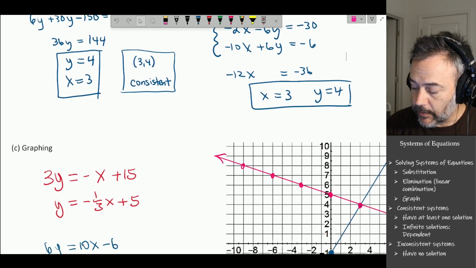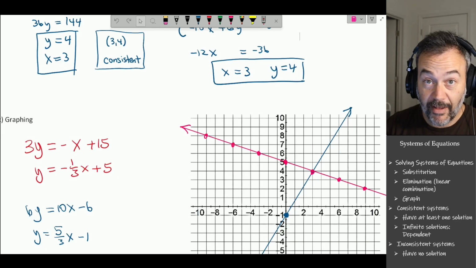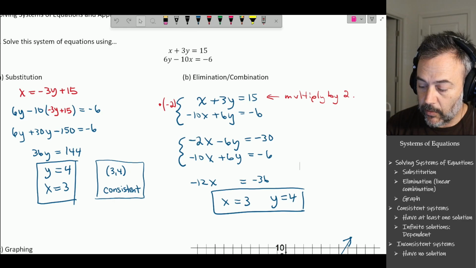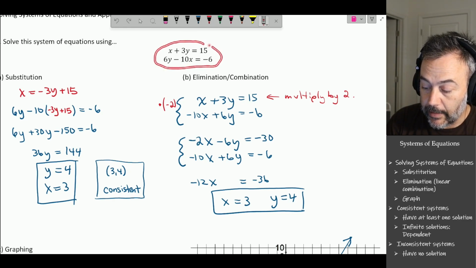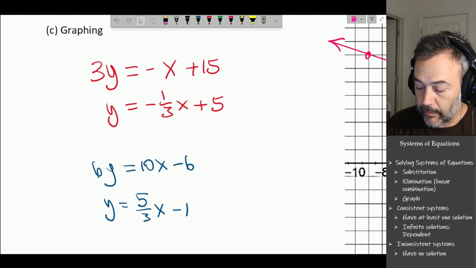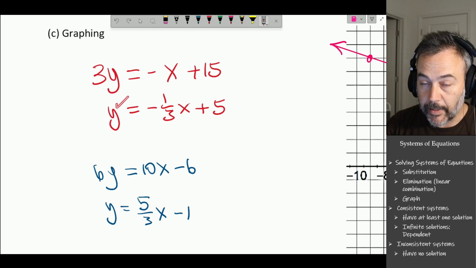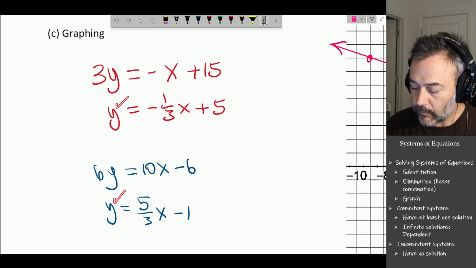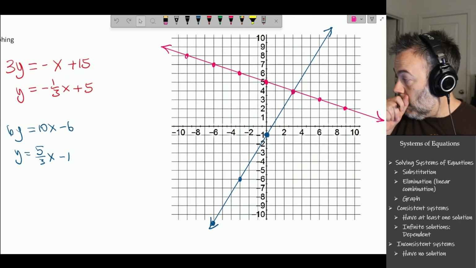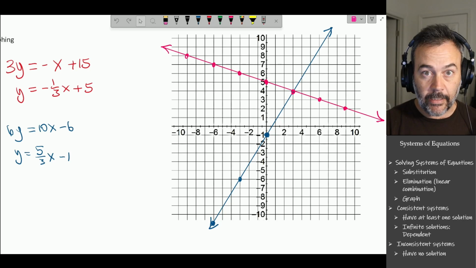Now, on the graph method, you can graph this in lots of different ways. One way is just to rewrite these in slope-intercept form, and that's what I did down here. I rearranged both equations to get y by itself, and I just quickly graphed them, one in red, one in blue. They are clearly distinct lines.